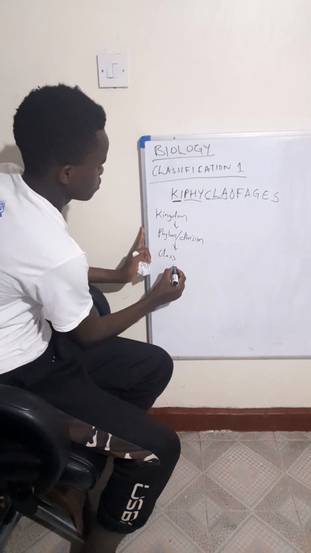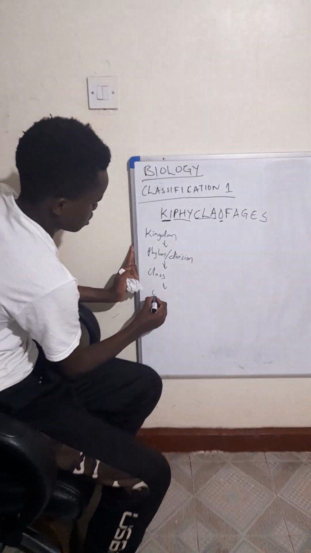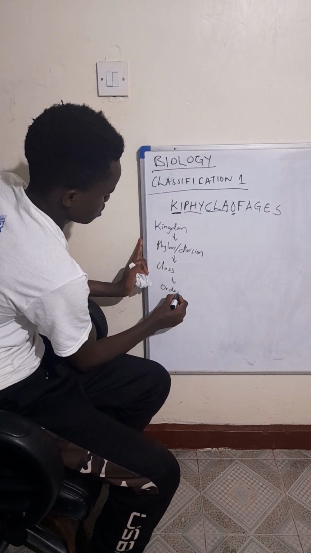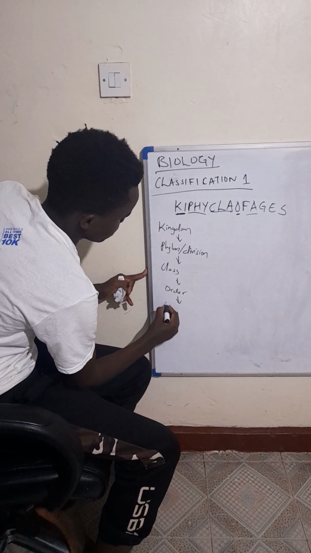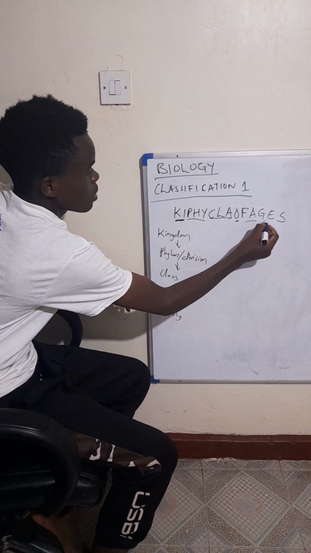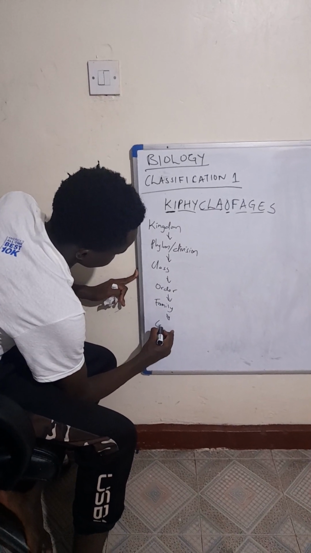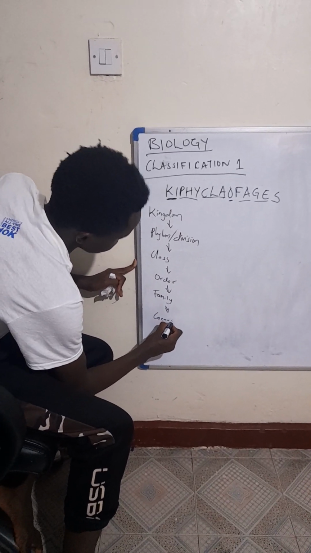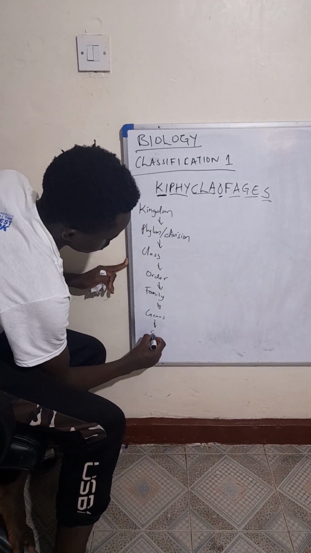From class we move down to order. From order we move down to family. From family we move to genus. And from genus we move to species.